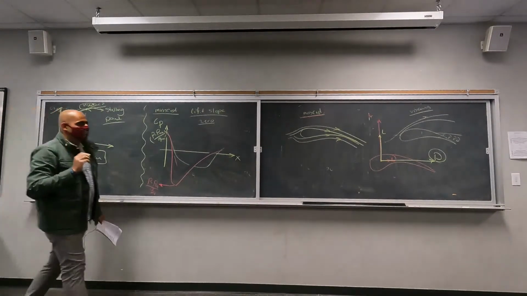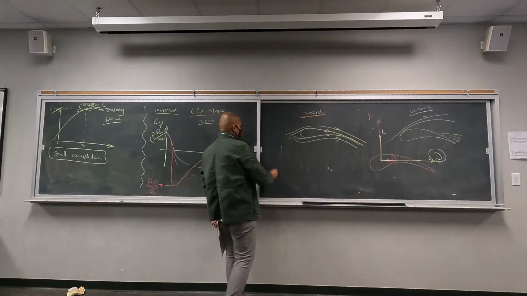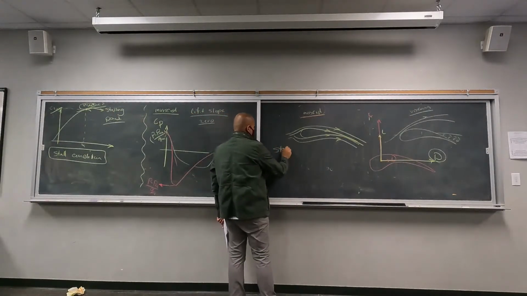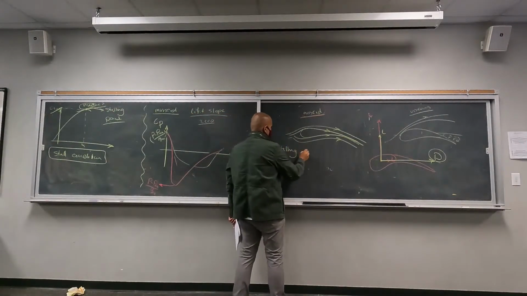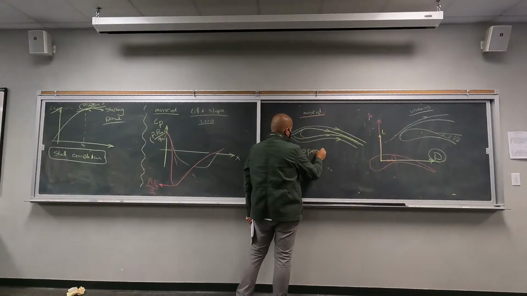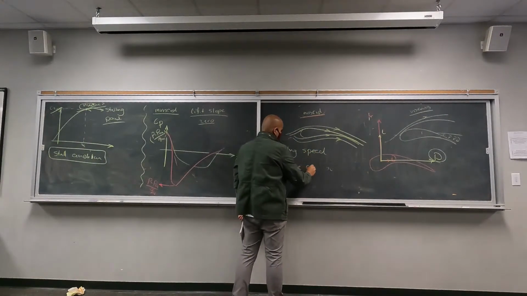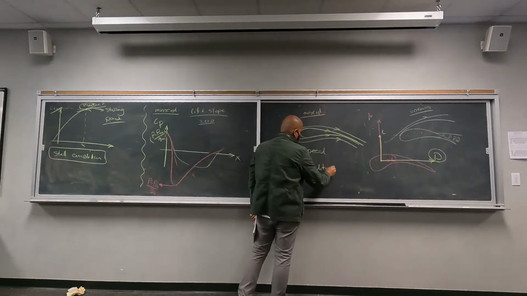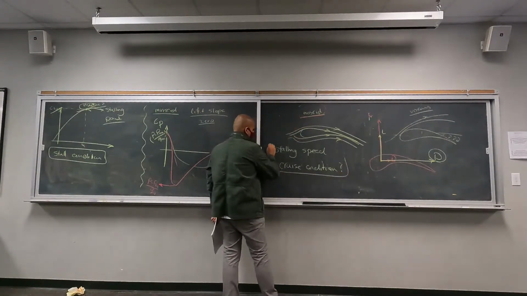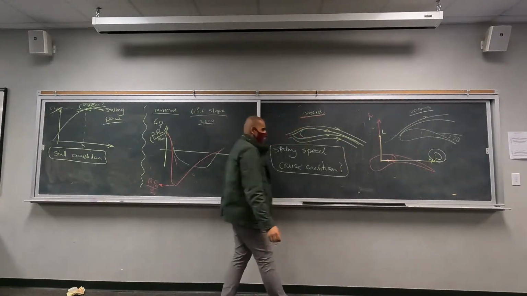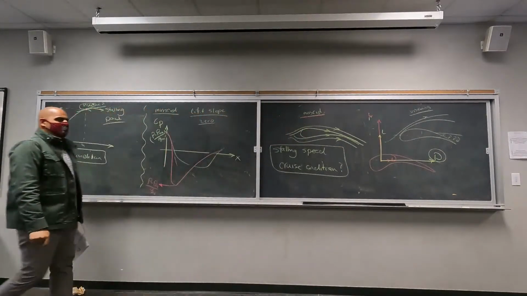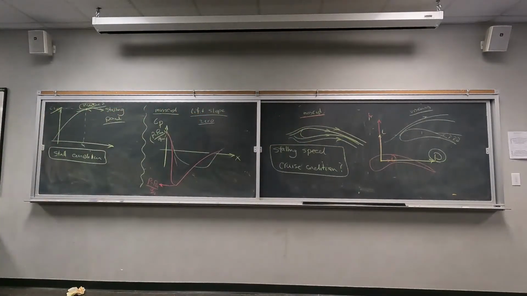So again, the question is, how can I find the stalling speed during cruise conditions? Which effectively means that this is going to be the maximum speed you can fly at, right? That's the cruise condition.